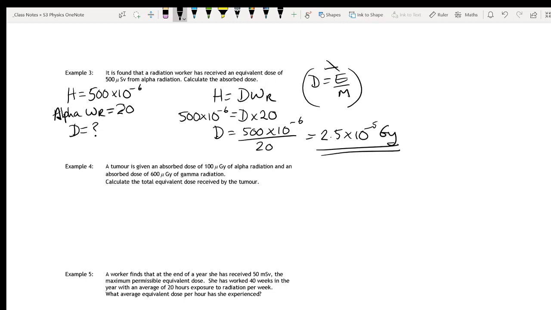Okay, so you should be saying the equivalent dose, H, is the absorbed dose times by the radiation weighting factor, is alpha, so the radiation weighting factor is 20. So 500 times 10 to the minus 6, because it's microsieverts, is the absorbed dose times by 20. So the absorbed dose is going to be 500 times 10 to the minus 6 divided by 20, which you should get as 2.5 times 10 to the minus 5 gray.